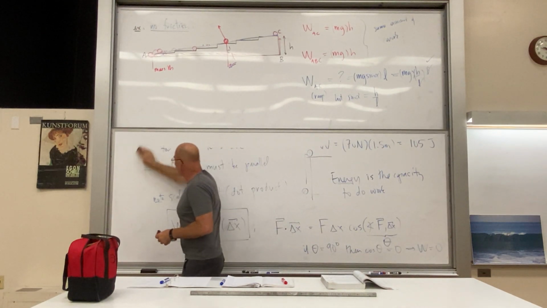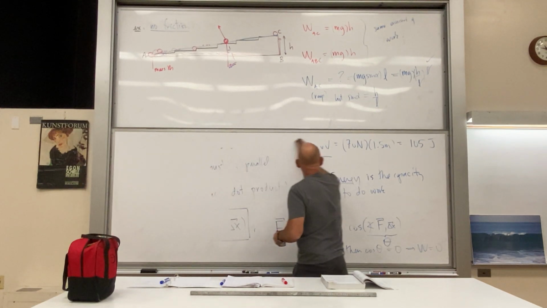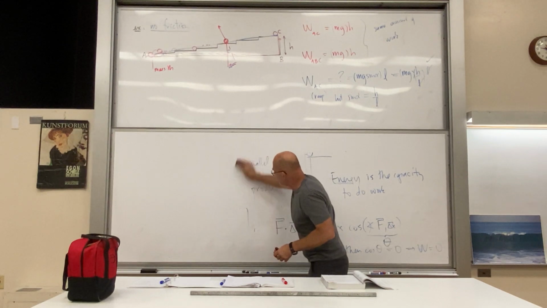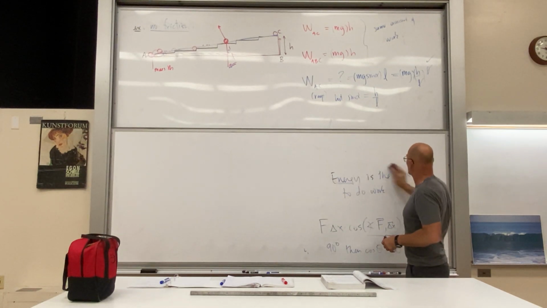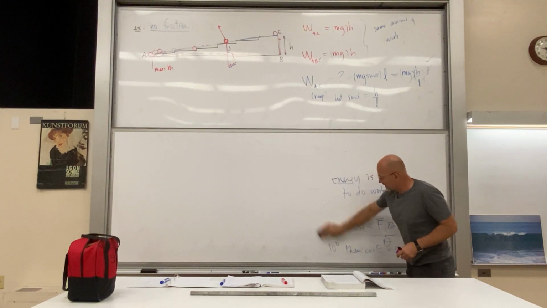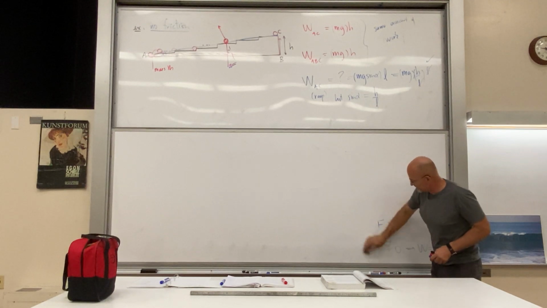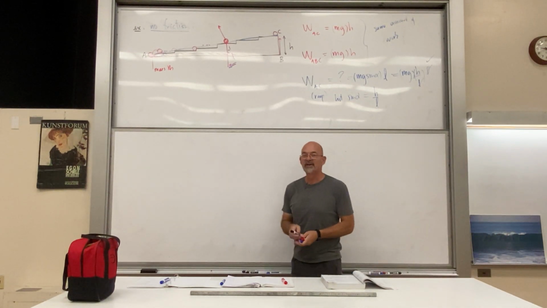Now we have work, we have some examples, we have energy, the capacity to do work. Okay, what's next here? I'm going to introduce something called potential energy.